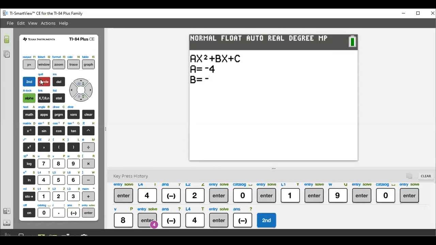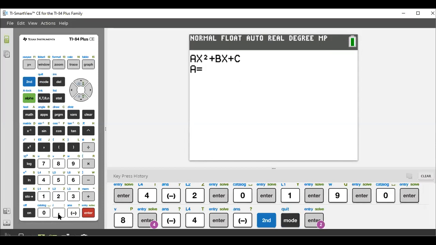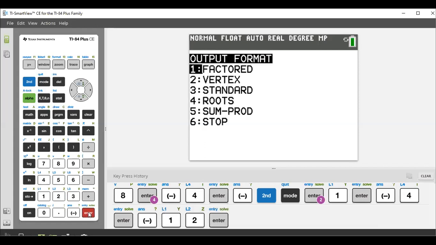I'm going to quit. I transposed that. So the standard form would be 1, and the B term is -4, and the C term is -12. Press enter. We want it in the vertex form.